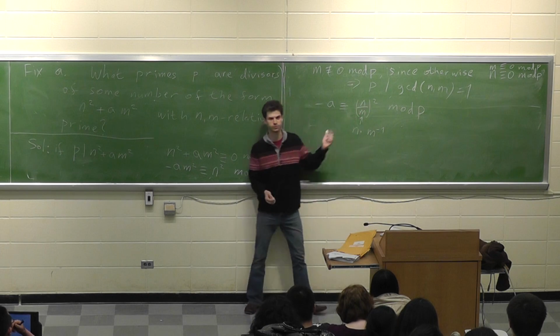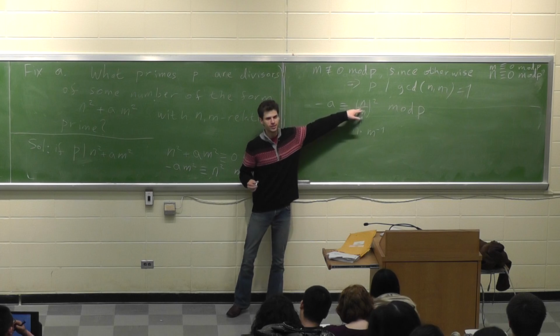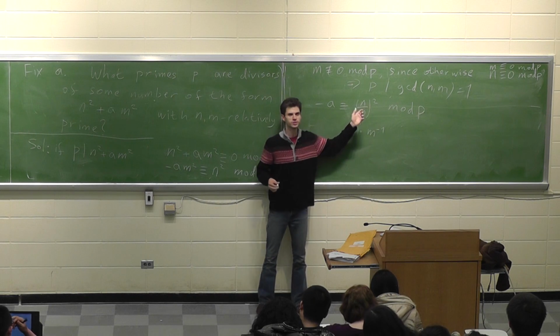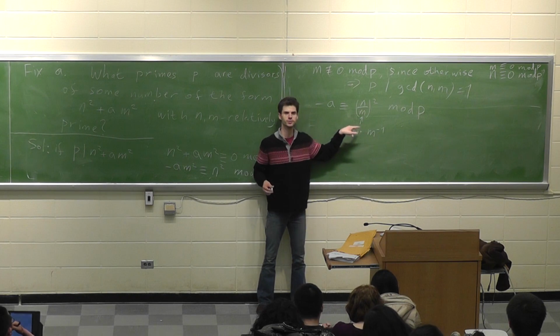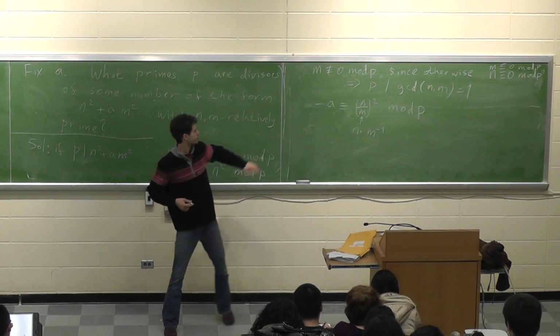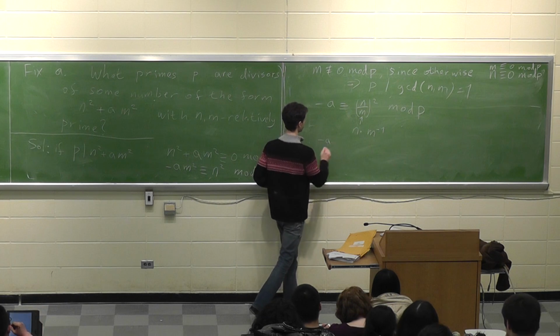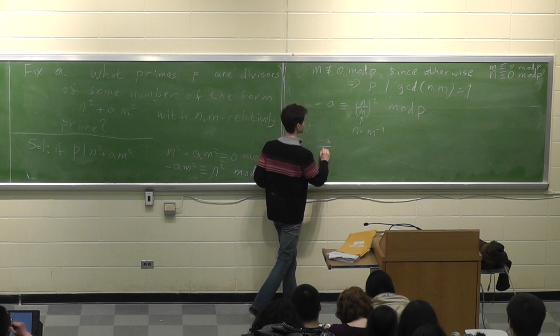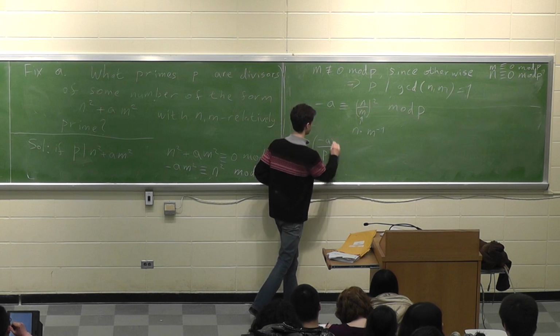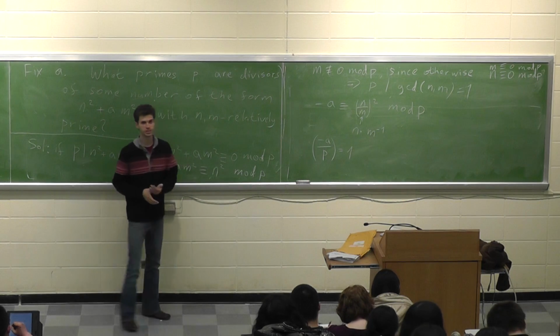So it doesn't really stand for the fraction, it stands for the residue modulo p such that once you multiply it by m, you get n. Okay, but this means that minus a is a square. So in particular, the Legendre symbol of minus a over p is 1.